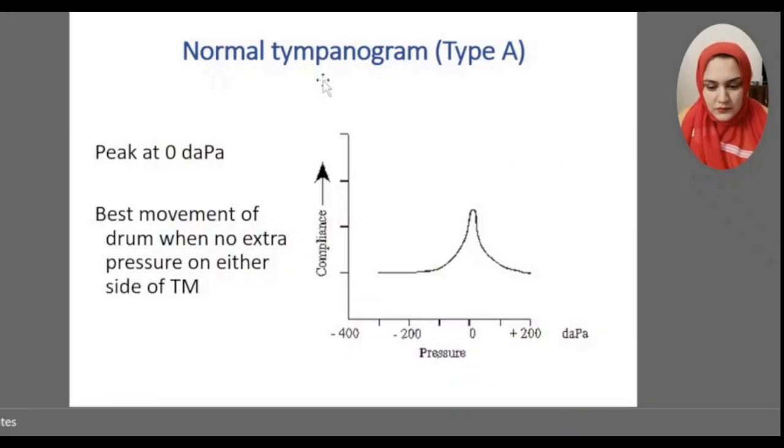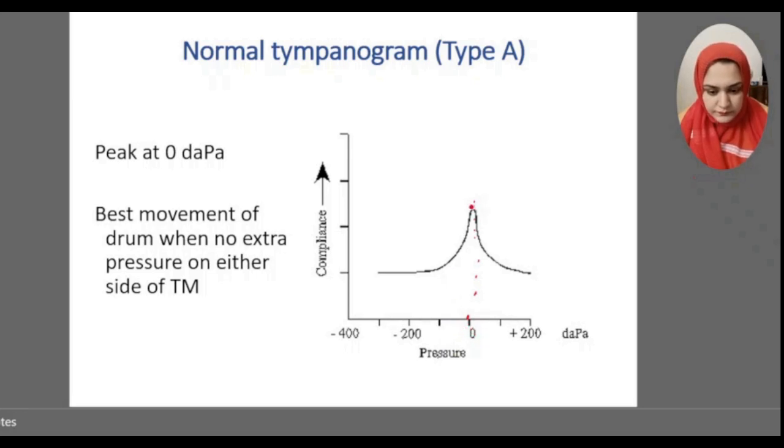So what does the normal tympanogram look like? The best movement of the drum is witnessed when there is no extra pressure on either side of the tympanic membrane.